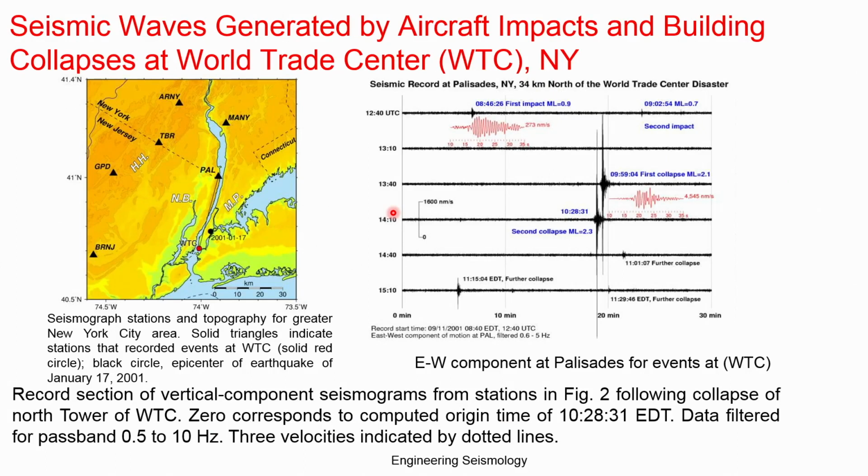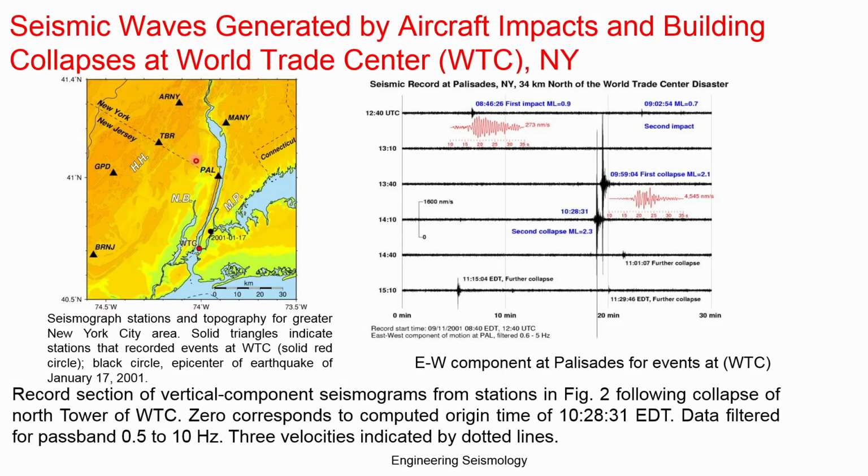The seismic waves generated by the aircraft impact and building collapse of the World Trade Center in New York. You may all be aware that in 2001 the World Trade Center collapse took place in the US. This is the location, the World Trade Center. These are all the seismic stations nearby.